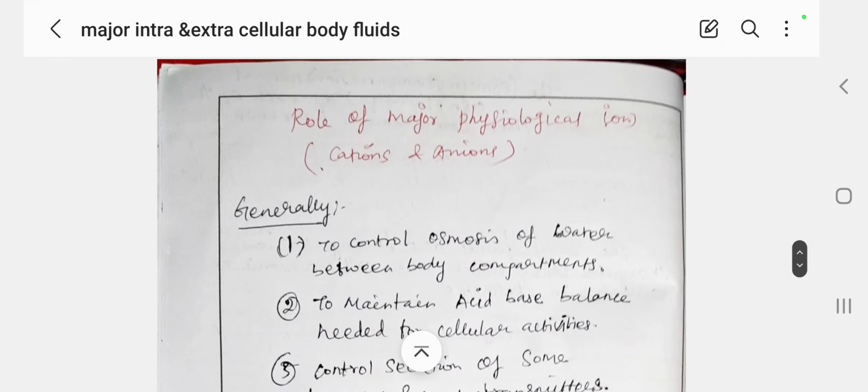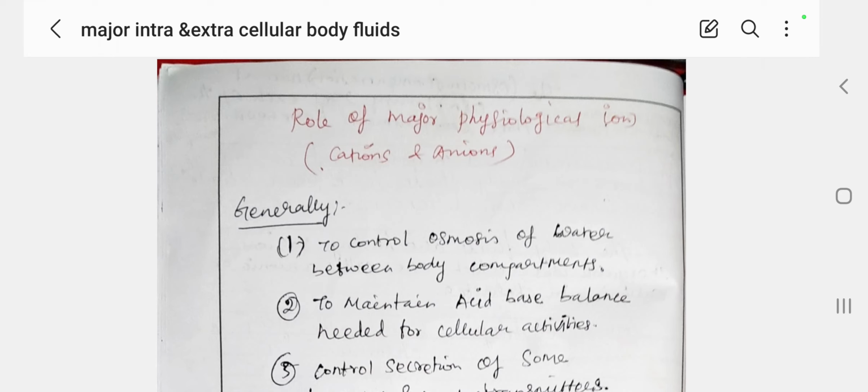Next we'll see the role of major physiological ions. For the role of physiological ions, we should write about both anionic and cationic electrolytes. Anionic electrolytes are bicarbonate, phosphate, chloride and sulfate, and cationic electrolytes are calcium, magnesium, potassium and sodium.